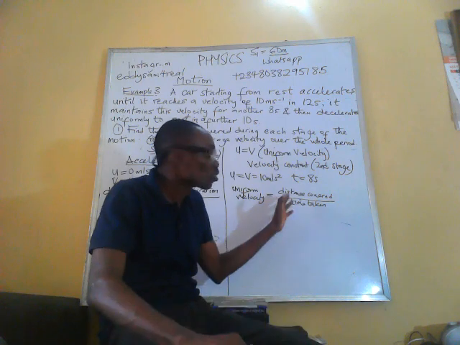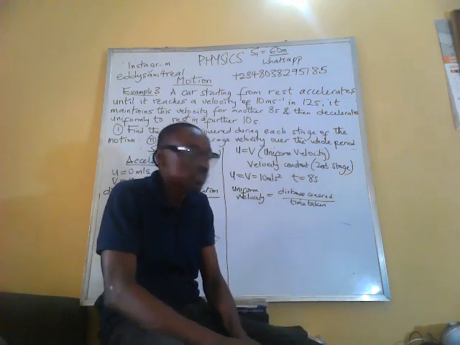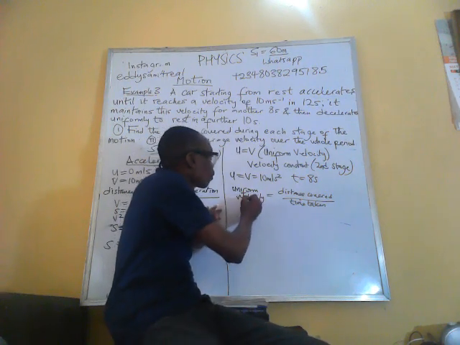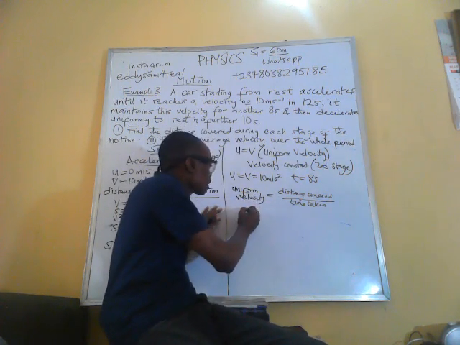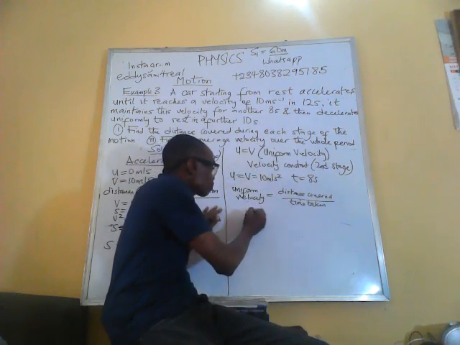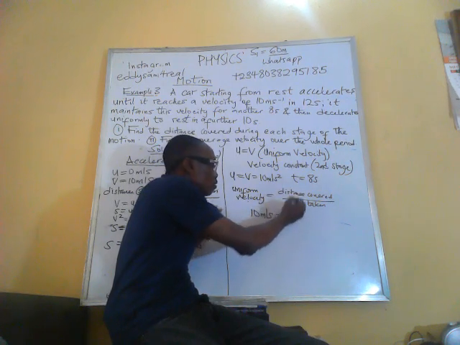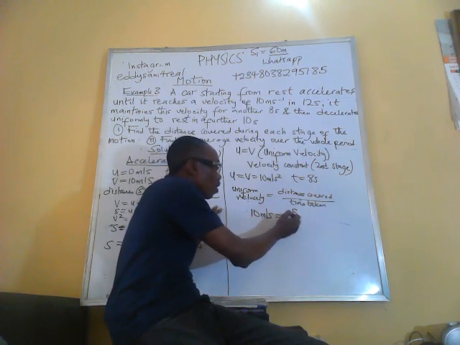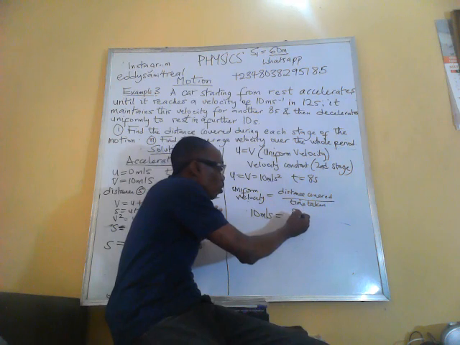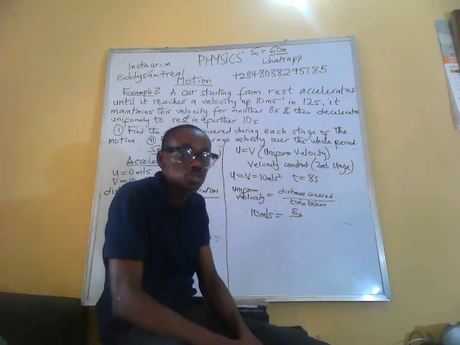So the uniform velocity is equals to the distance covered there over the time taken in that part of the journey. Now, what is the uniform velocity? U is equals to V, which is 10 meters per second, equals to distance covered, which we don't know, S, all over, let me just call it S2 to show that it is the distance covered in stage 2.